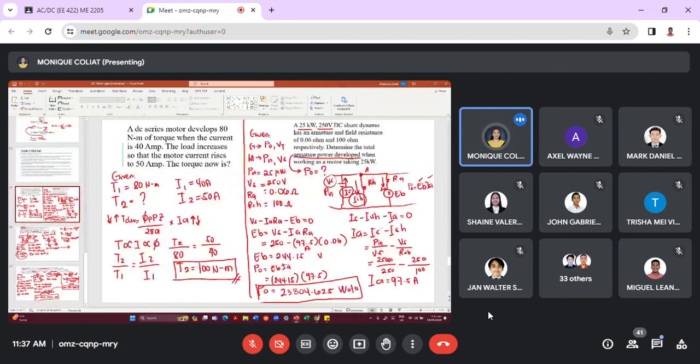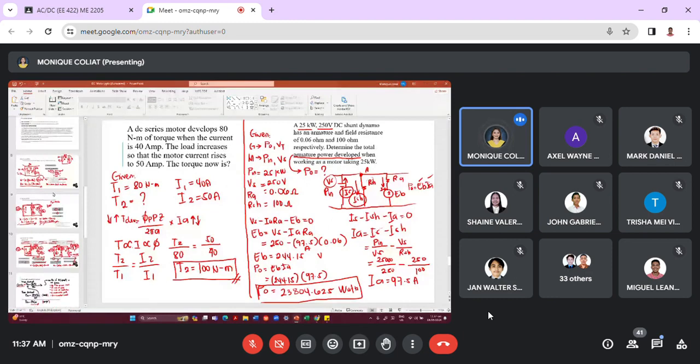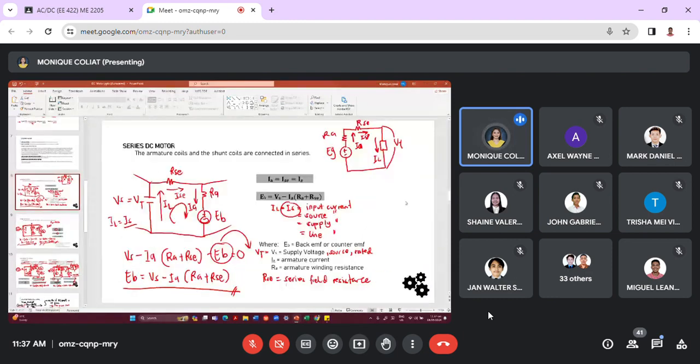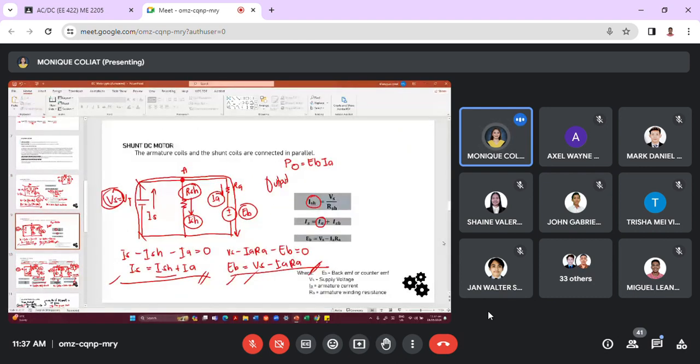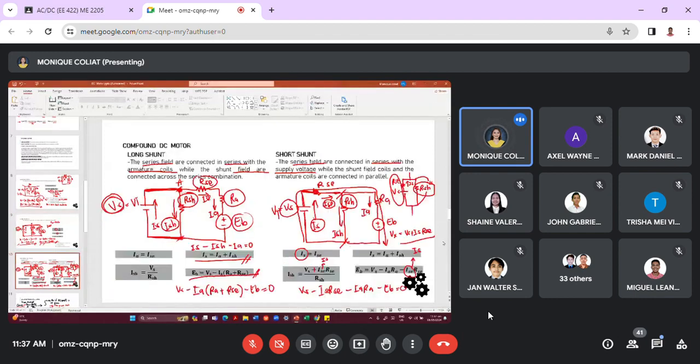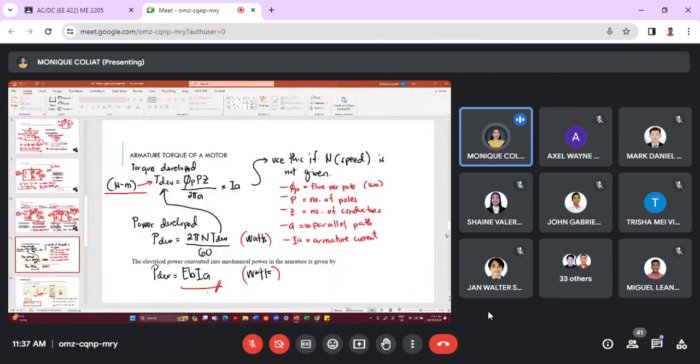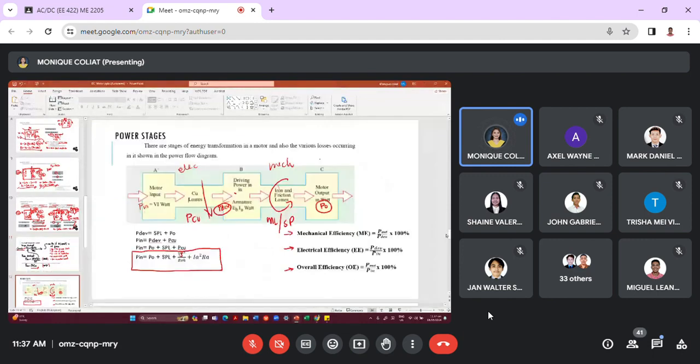Paki-screenshot na ako. Series motor. Shunt motor. Compound, long shunt and short shunt.